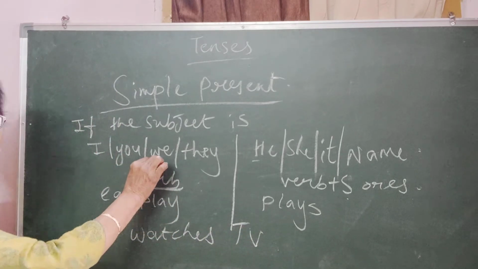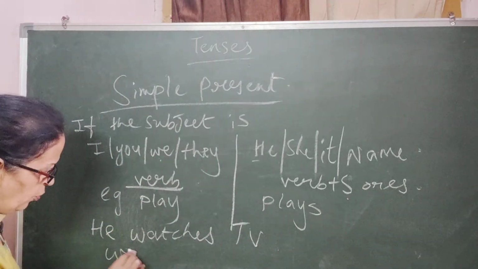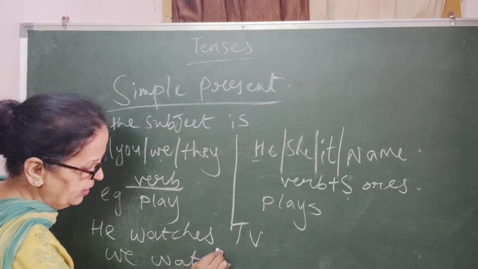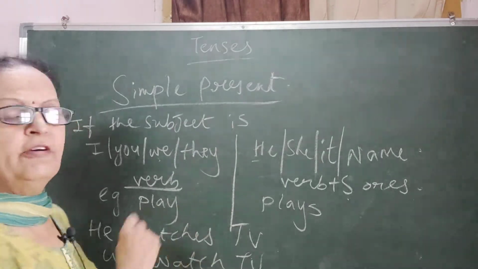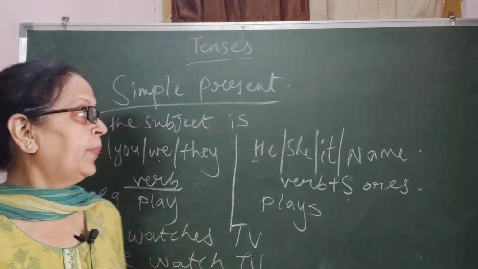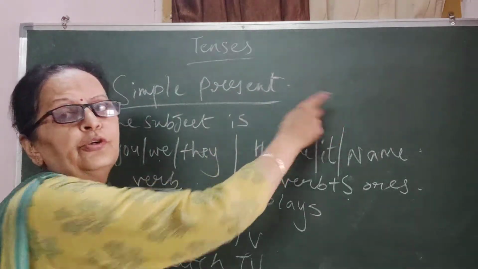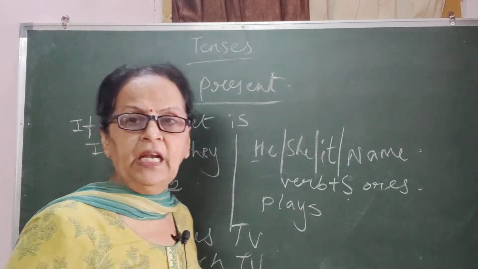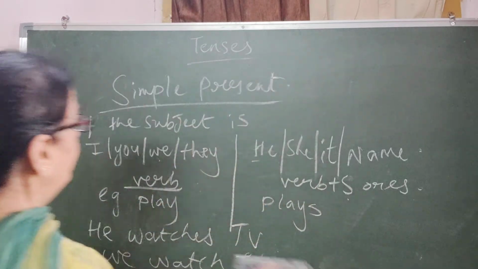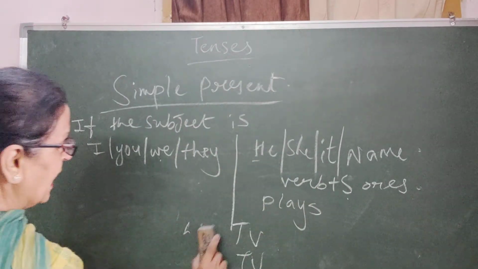And if I want to write we, it becomes we watch TV. Isn't it very easy? So this was my first rule regarding simple present, which is also known as simple present or present indefinite tense. Now we move on to the second type.